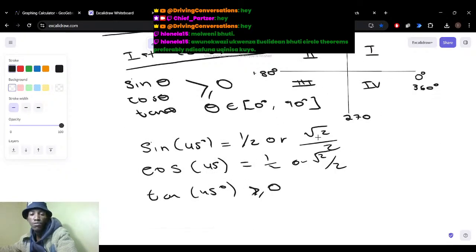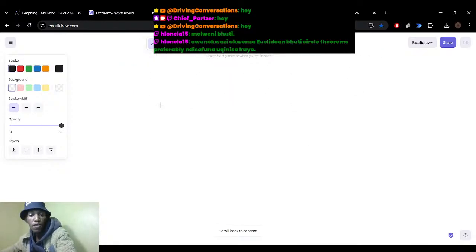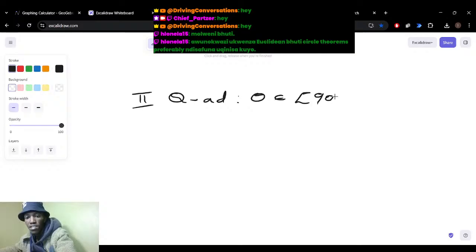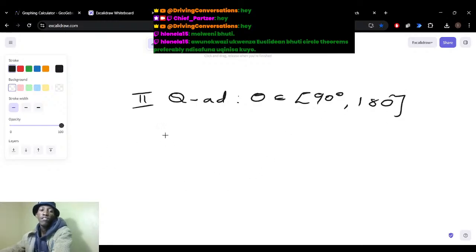Moving on to the second quadrant, theta is an element of 90 degrees to 180 degrees. Things are a bit different. The only positive trig function in the second quadrant is sine.